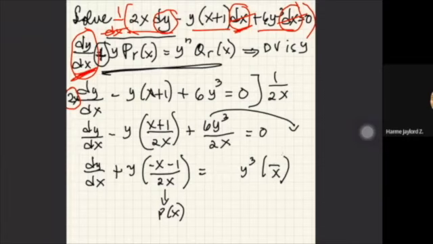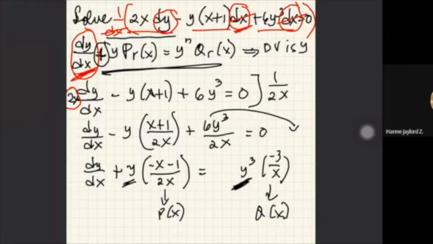Tapos, we write it here. So we have negative 3 over x. That should be your q of x. See? Not including this one. Not including this. Kaya nga ang tawag p of x, q of x kasi exclusively x.